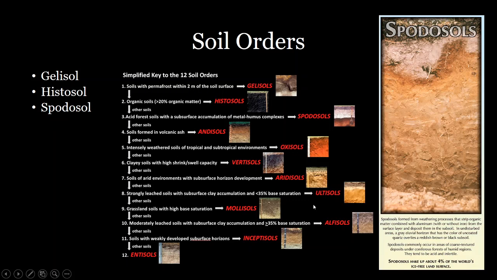Next, we have spodosols. So spodosols are highly acidic soils. You can have weathering processes that strip away the organic matter along with the aluminum in the soil, and it leaves very prominent E horizons that we talked about just previously.